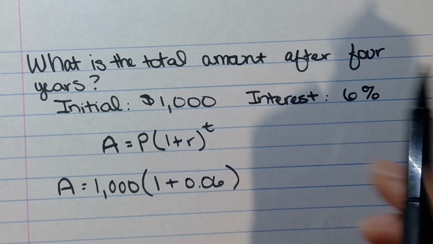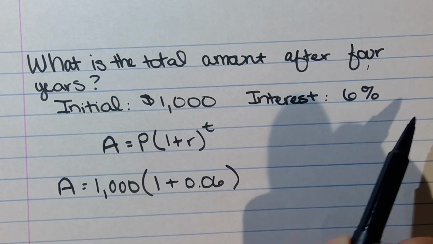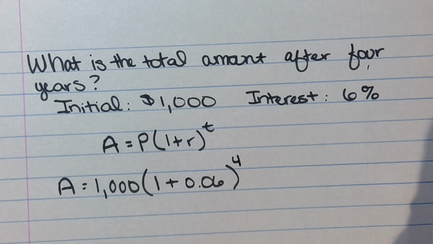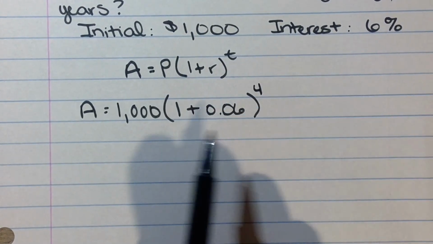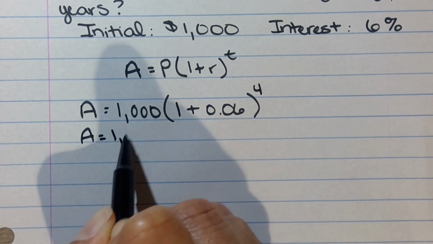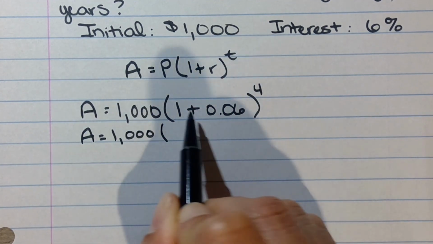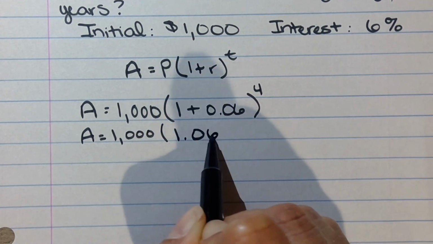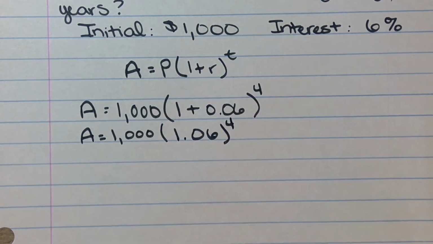And T, we're told, is 4 years. So this is 4. Again, we're going to add this first. So A equals 1,000 times 1 plus 0.06 is 1.06 to the 4th power.